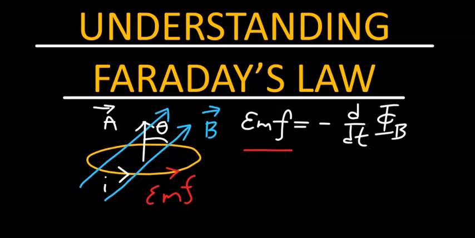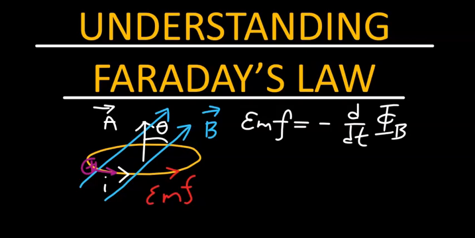Having understood Faraday's law and the sign convention that goes with it, let's look at the second important point. This has to do with the electric field within that loop. Since there is an induced current, that indicates motion of positive charges in that direction.